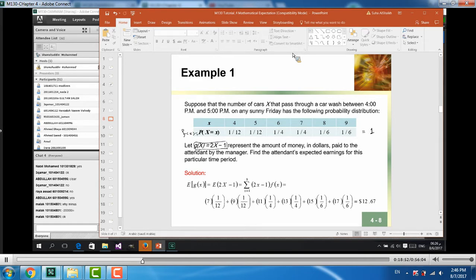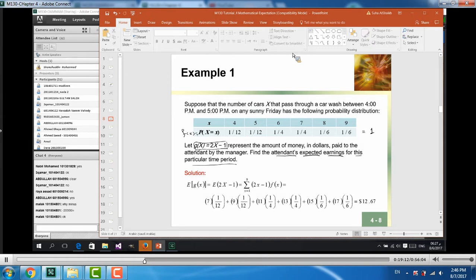They are asking me for g(x) equal to 2x minus 1, to find the expected earning for this particular time period. So I want to find the expected value.